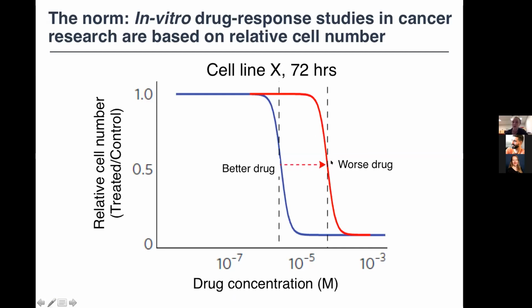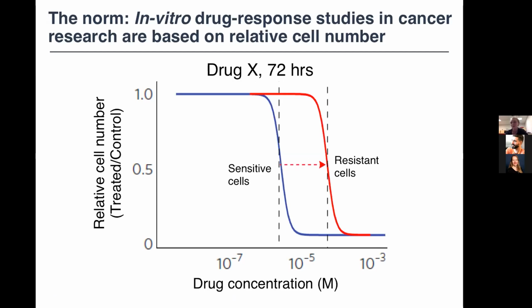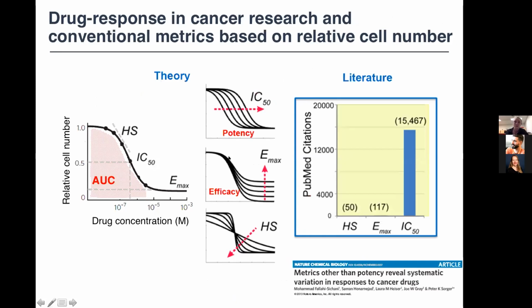A drug that is not as effective or not as potent will be further to the right on these dose responses. A better drug will be towards the left. The same curves could just as easily be for different cell lines with one drug. Here, instead of looking at the effects of two different drugs, you'd be looking at resistant and sensitive cell populations. This slide will be familiar to those of you who sat through Peter's talk this morning.